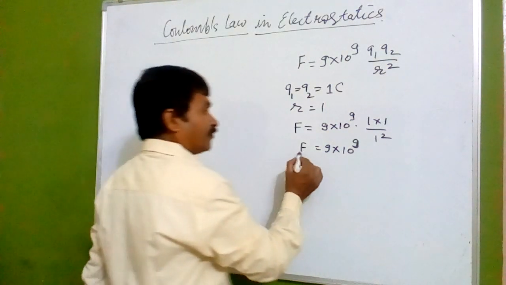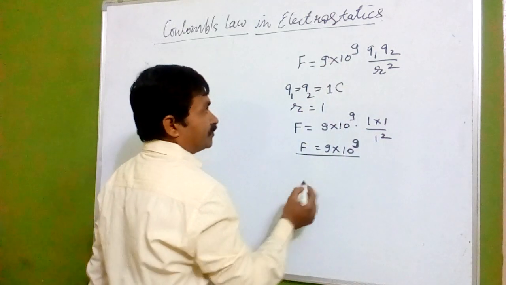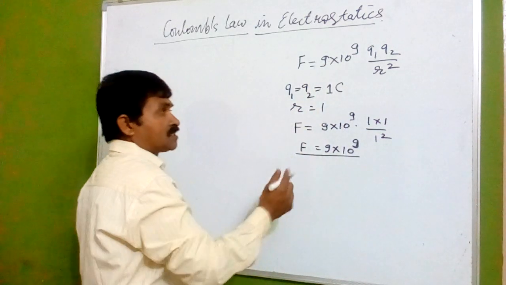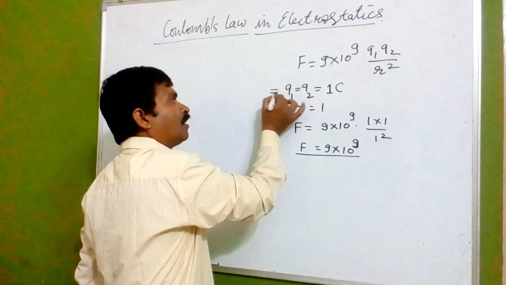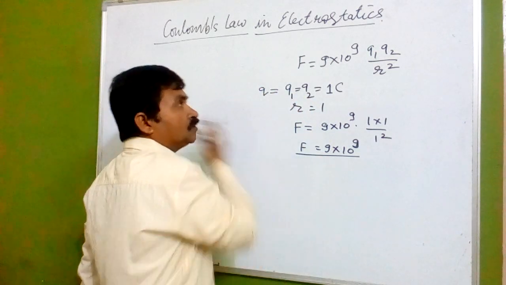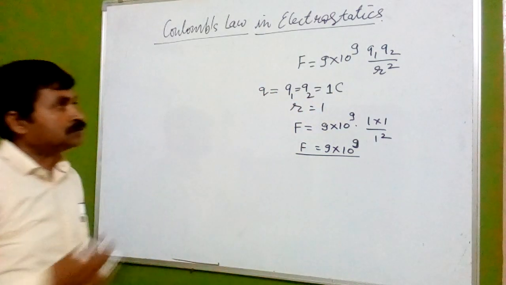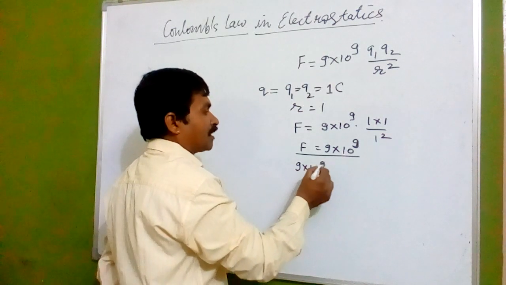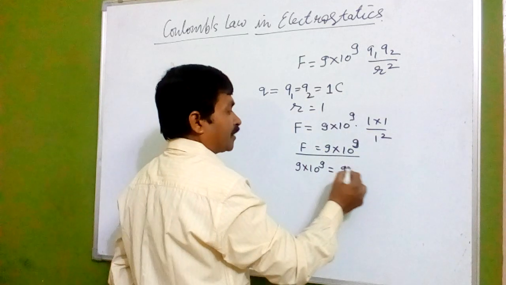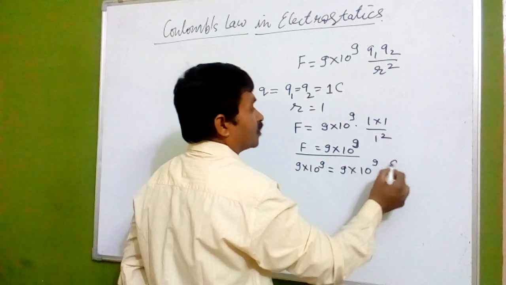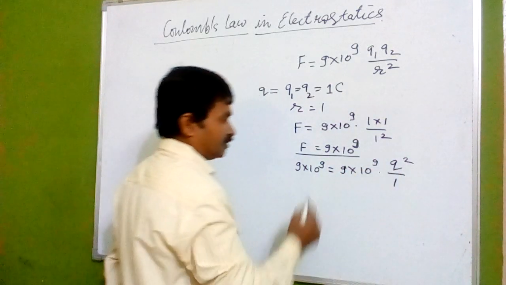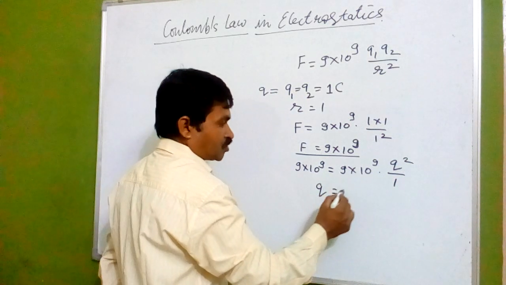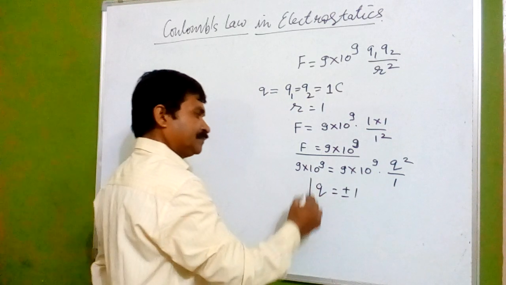If we assume both charges equal to Q, then 9 into 10 raised to the power 9 Q square upon 1 gives Q equals plus minus 1.